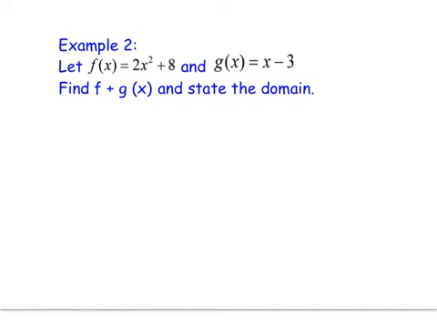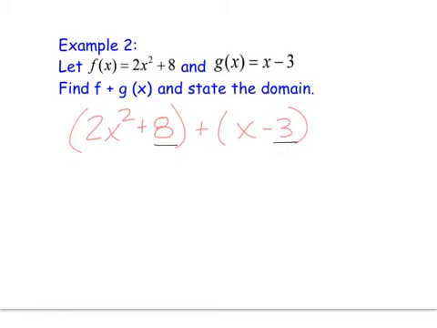In the second example, it again wants me to find f plus g of x and state the domain. So I'm going to take my f function, 2x squared plus 8, and my g function, x minus 3, and I'm going to add them together. So when I'm adding here, I'm just going to look for the like terms, which we'll see positive 8 and negative 3 are like terms, so those can be combined.